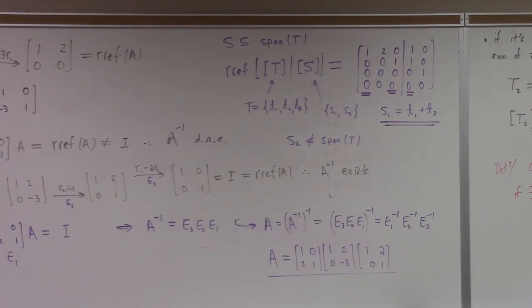So the goal here is to find a system of equations in x1, x2, through x5, whose solution set is W. So I'm calling this thing W.